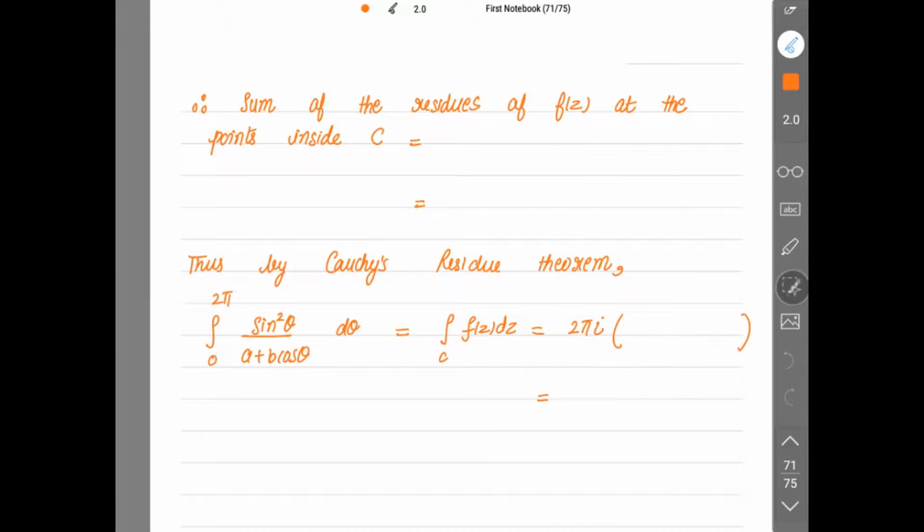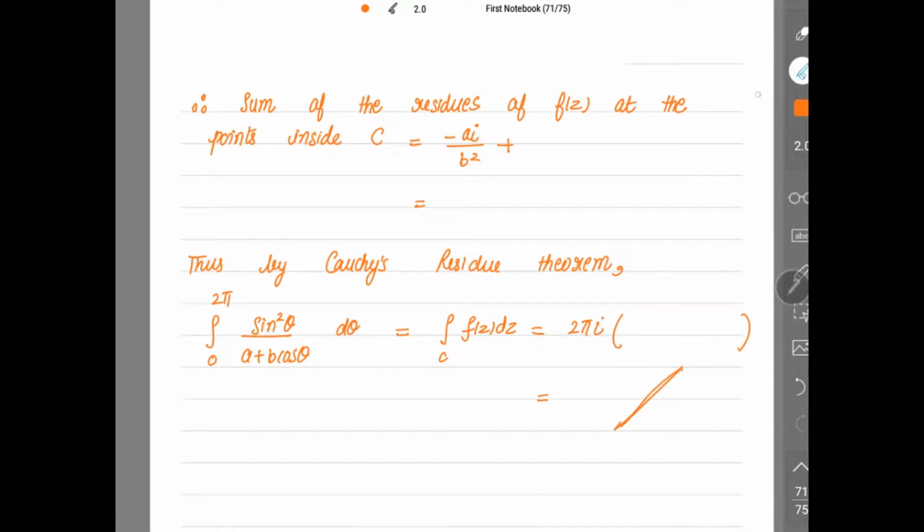So I am having the sum of the residue as, for 0 I got the residue minus ai over b square, plus the residue for z equal to alpha, which we have just now calculated, and that is equal to iota square root of a square minus b square over b square.